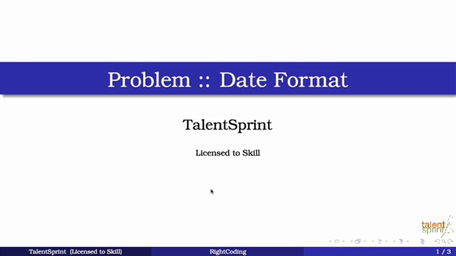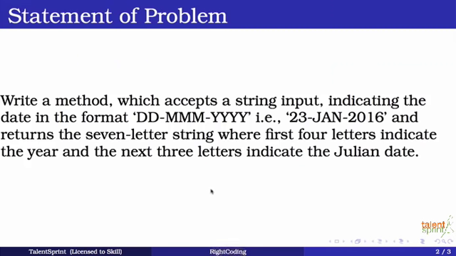So in this video, we are going to do the problem date format. We are going to write a method which accepts a string input indicating the date in the format ddmmyyyy. So that is 23rd Jan 2016. And return a 7-letter string where first 4 letters indicate the year, so that is 2016.